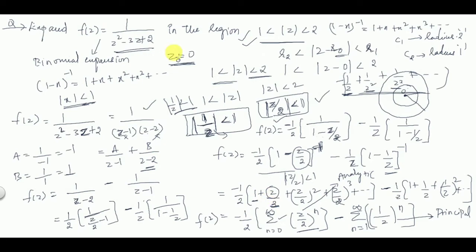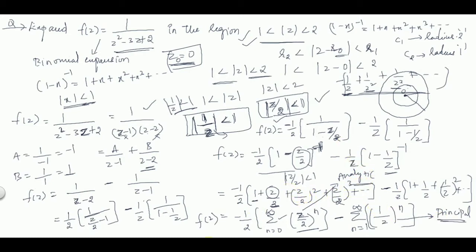Because we are expanding about z is equal to 0, you'll get z minus 0 terms only, that is, z terms only. So this consists of positive powers of z, so this is the analytic part, and this consists of negative powers of z, so this will be the principal part.